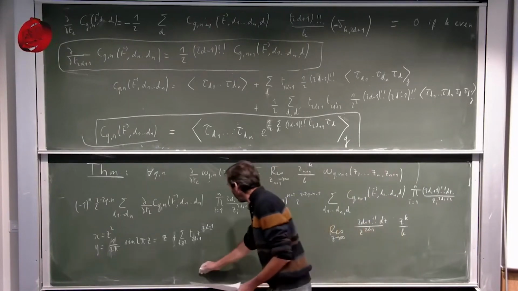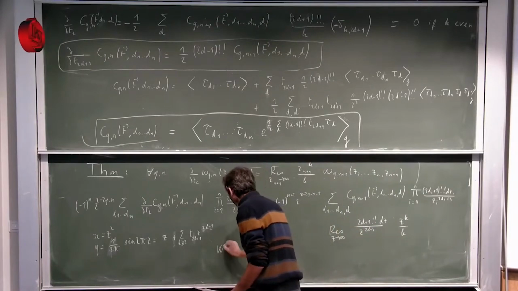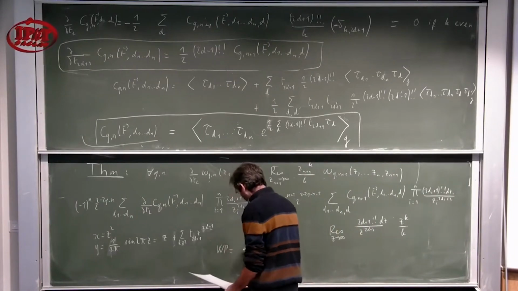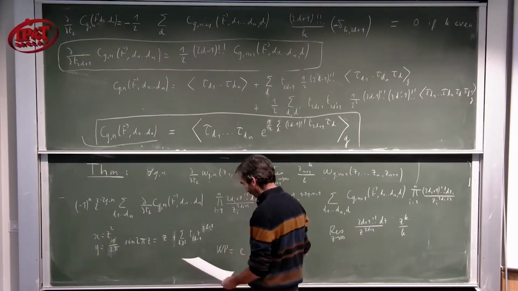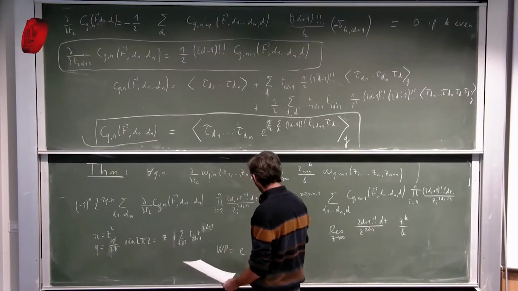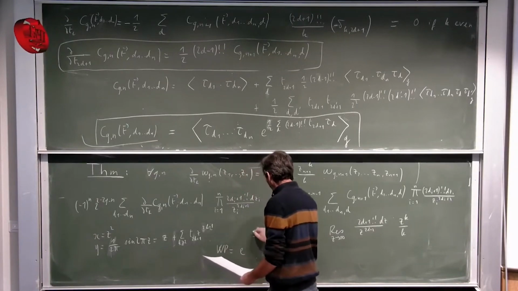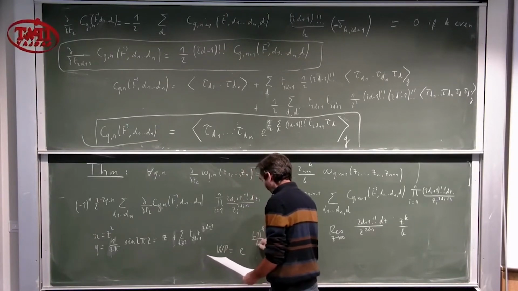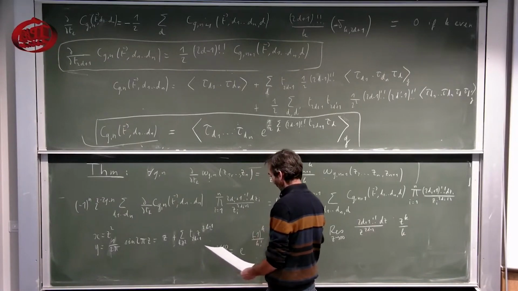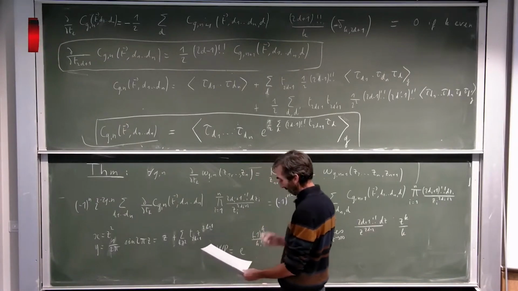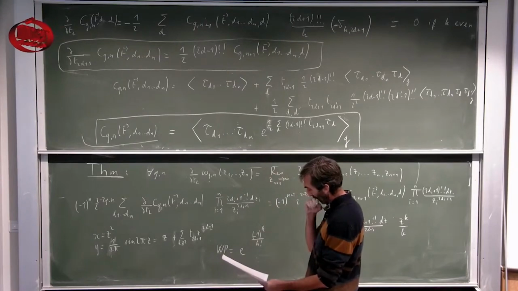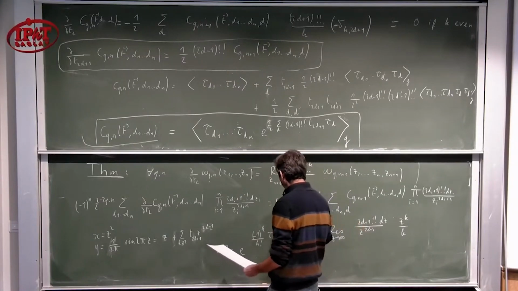Basic formula, so Weil-Petersson class equals exponential sum of minus 1 to the k over k factorial. Okay.